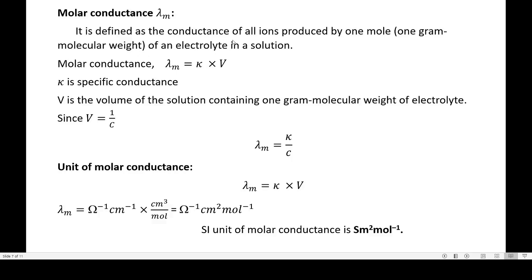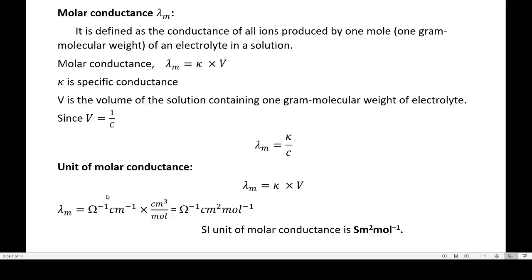The conductance due to all the ions is molar conductance, and it is given by the relation lambda m equals specific conductance K into volume. V is the volume of the solution containing 1 mole or 1 gram molecular mass of electrolyte. So V is equal to 1 upon C. So molar conductance will be equal to K upon C, specific conductance upon concentration.